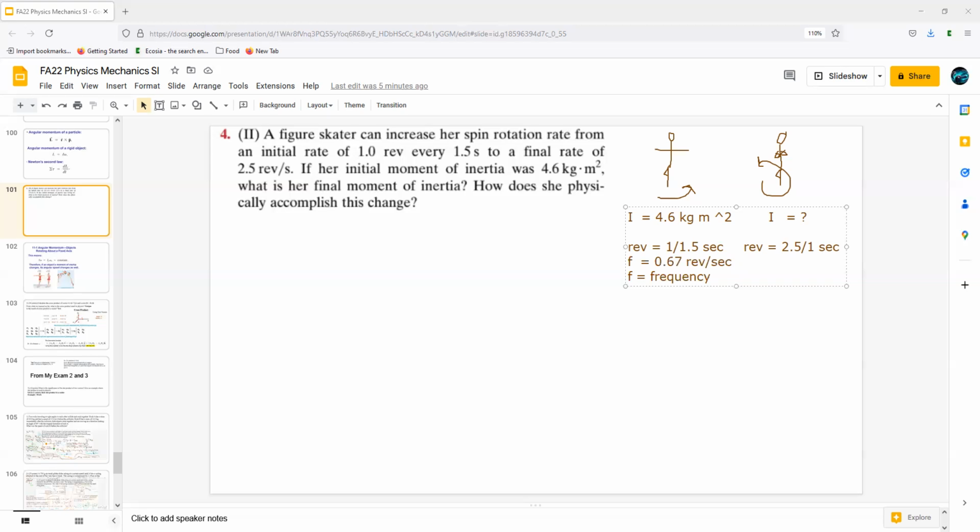And this one's just 0.5, because over 1 second is the same thing. Revolutions per second. Cool.